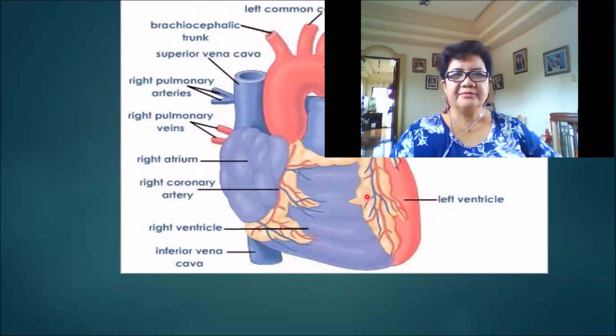You have the interventricular septum here, and you have here the right coronary artery. So you know that the right coronary artery courses through the coronary sulcus. So that will be your coronary sulcus.